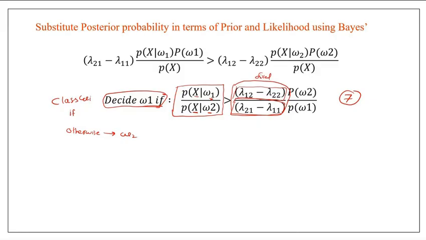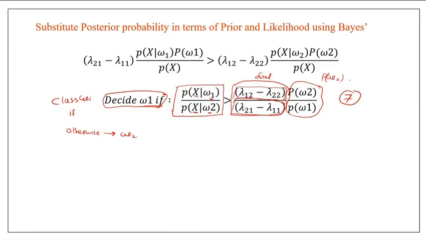The losses are fixed for a given lambda 1 2, lambda 2 2, lambda 2 1 and lambda 1 1 case, and the prior is also fixed. Sorry, not posterior, prior.